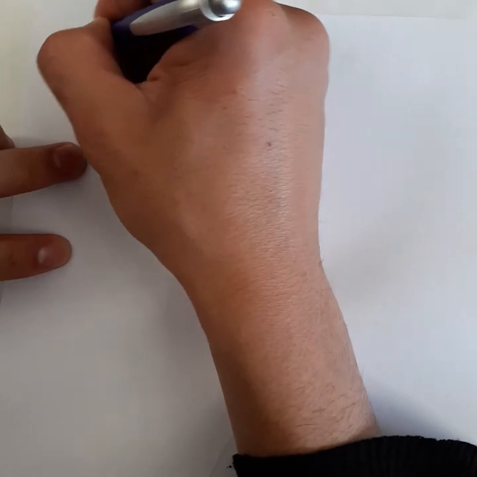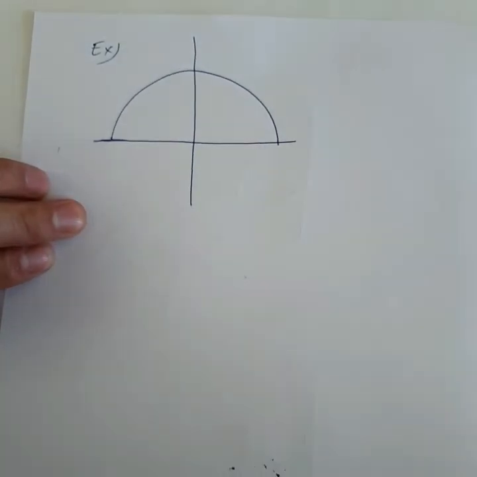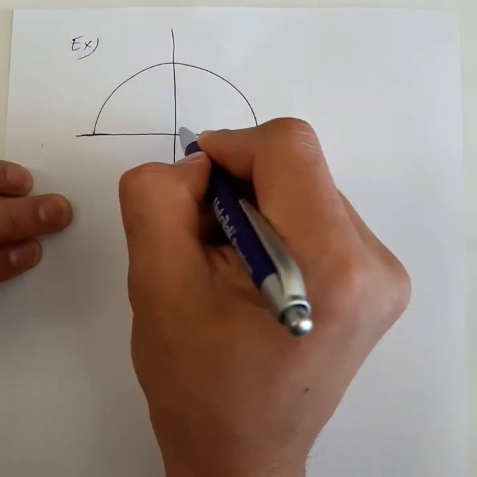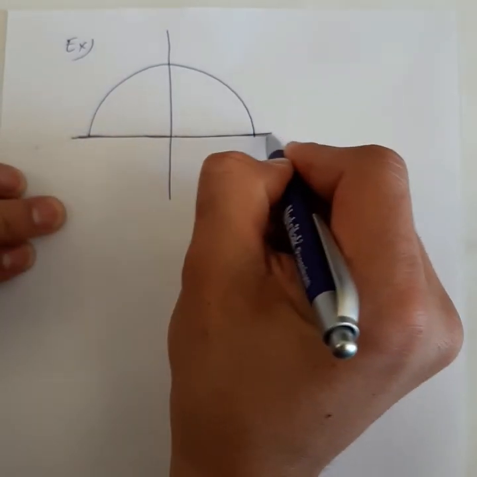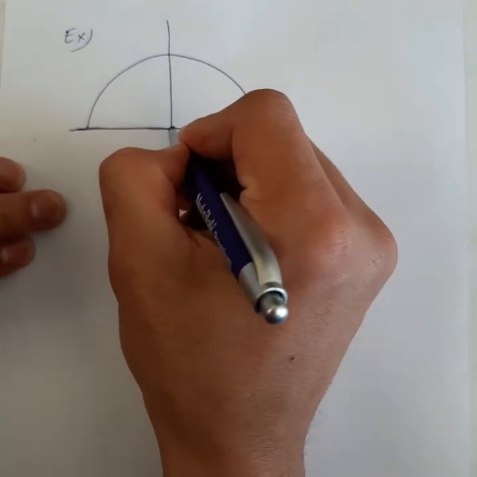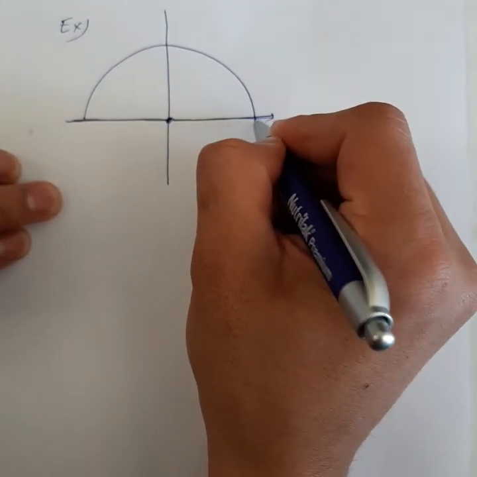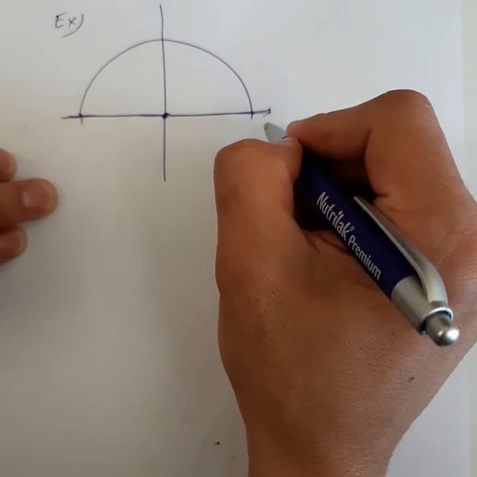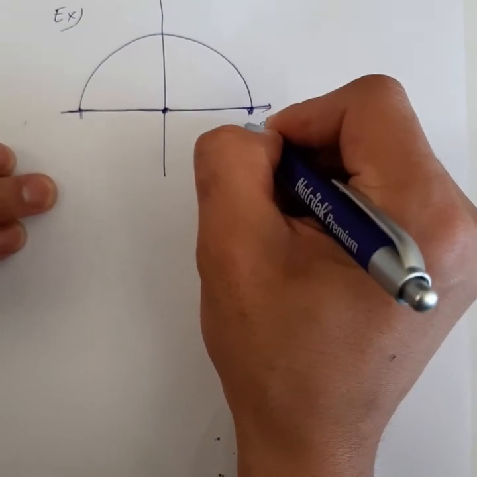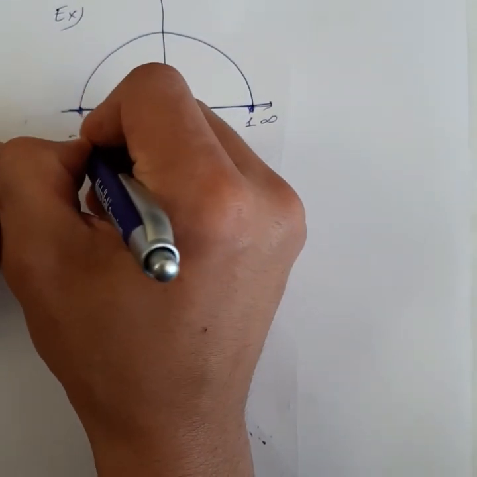Next, guys, in this example I'll show you the cosine. As you know, the cosine is this line. Am I right? Here is 0, to the right will be plus infinity, this point is 1 and this point is minus.